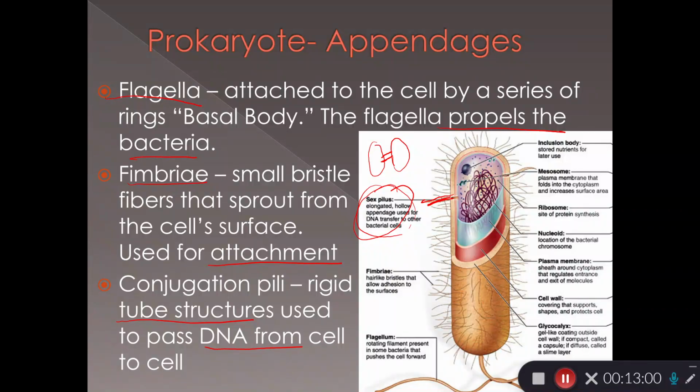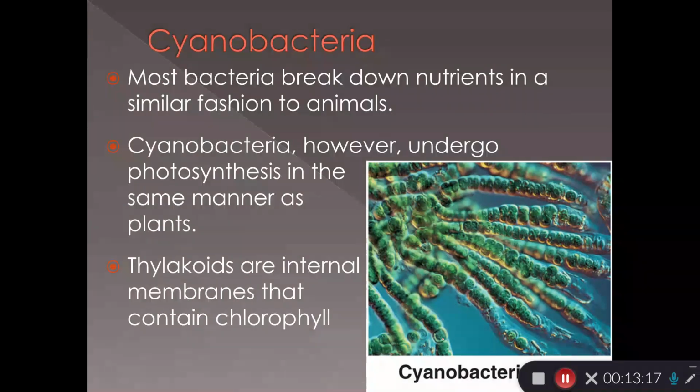Cilia are also hair-like extensions that are more numerous, but they're not generally found on bacteria. So we have long for movement, flagella, and then short hair-like extensions, fimbriae, are for attachment.